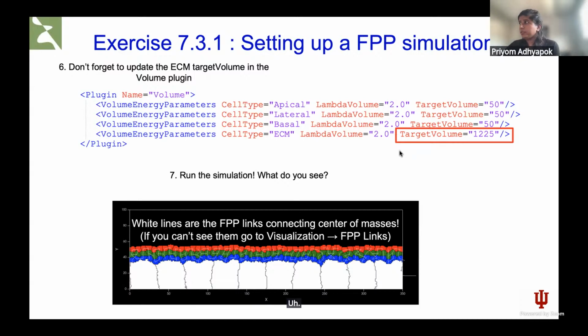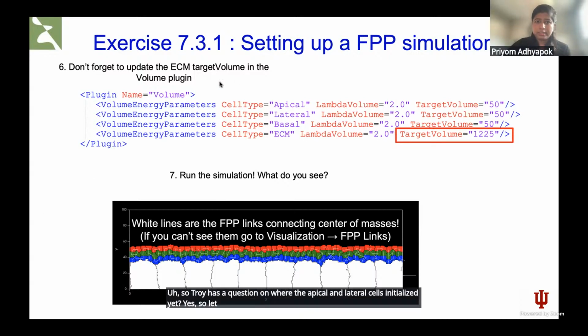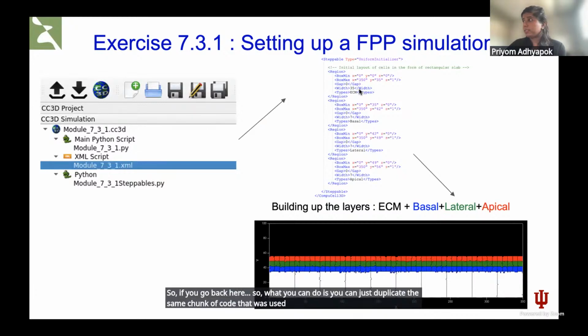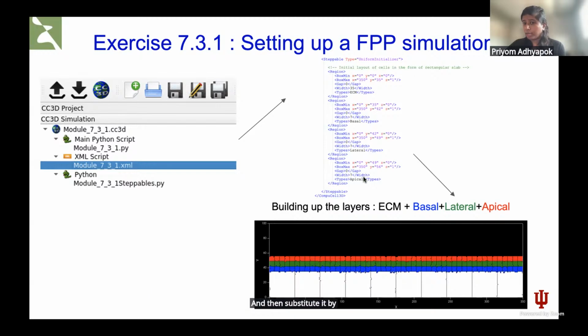So Troy has a question on whether the apical and lateral cells are initialized yet. Yes. So let me go back one slide. So if you go back here, what you can do is you can just duplicate the same chunk of code that was used to create the ECM and the basal layer. And then you could just duplicate it and substitute it by the type of lateral or apical.